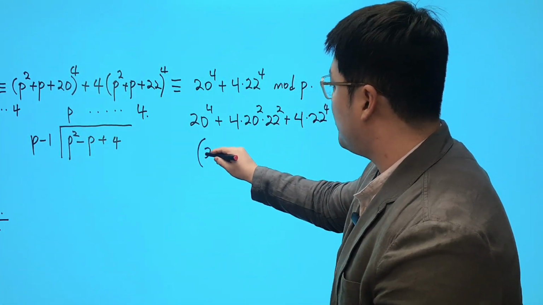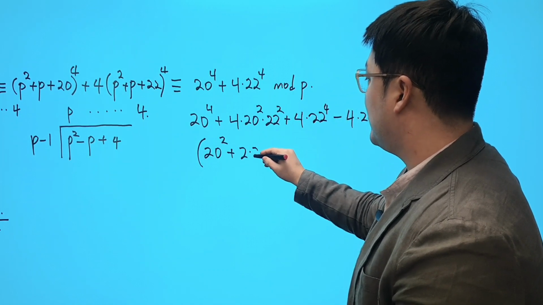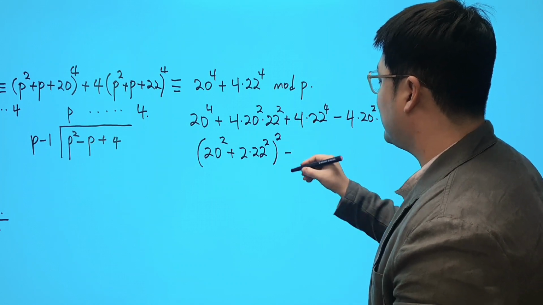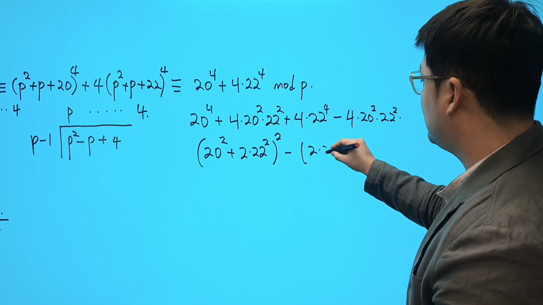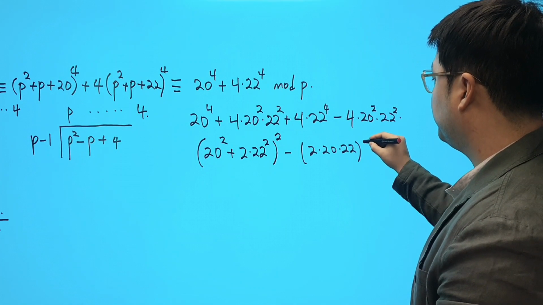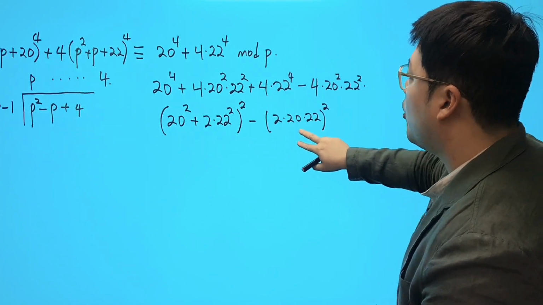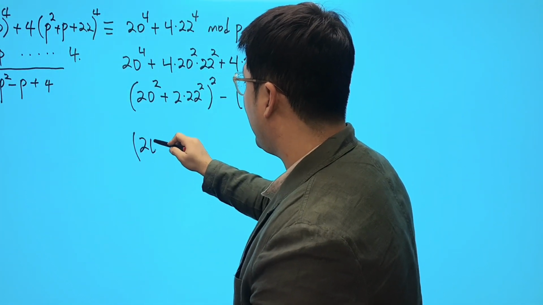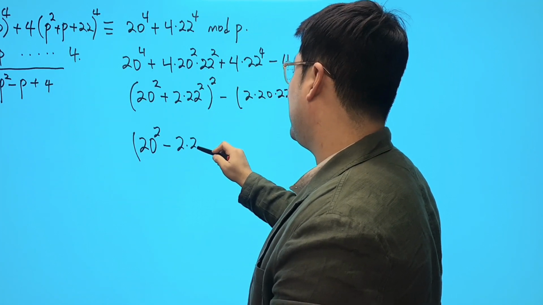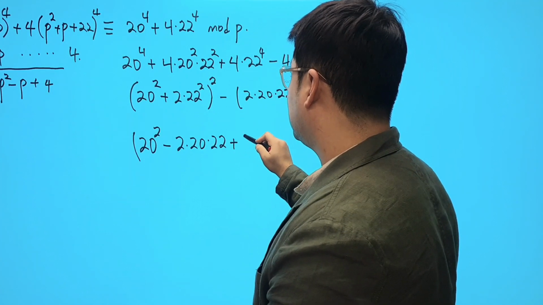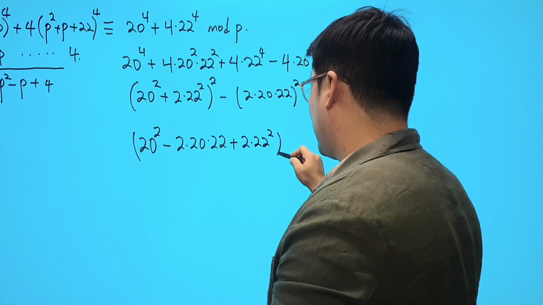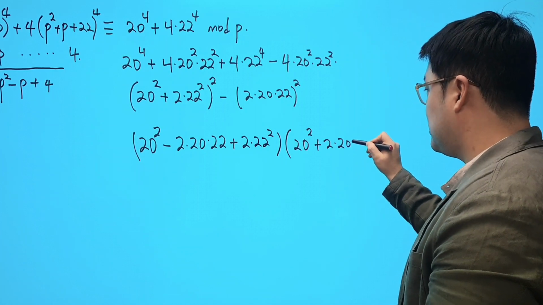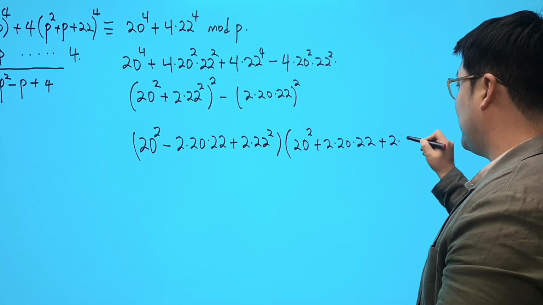So we have (20 squared plus 2 times 22 squared) minus a square expression, which gives 2 times 20 times 22 squared. We're almost done. We have 20 squared minus 2 times 20 times 22 plus 2 times 22 squared, multiplied by 20 squared plus 2 times 20 times 22 plus 2 times 22 squared.